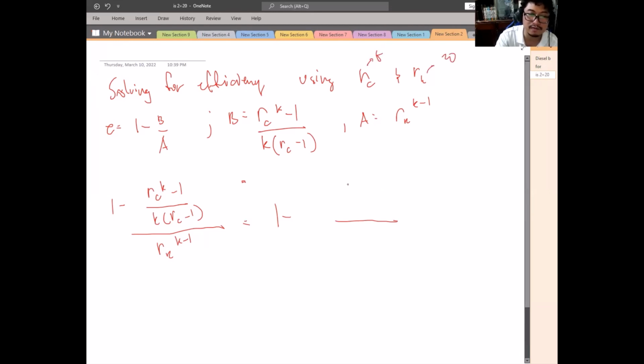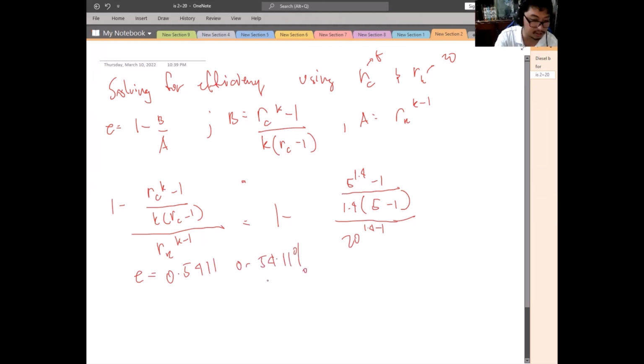So 5 raised to 1.4 minus 1, all over 1.4 times 5 minus 1, then the denominator is 20 raised to 1.4 minus 1. That equals 0.5411 or 54.11%.